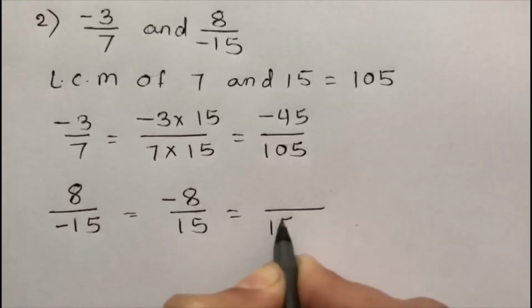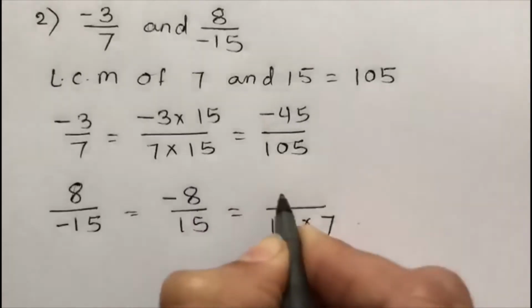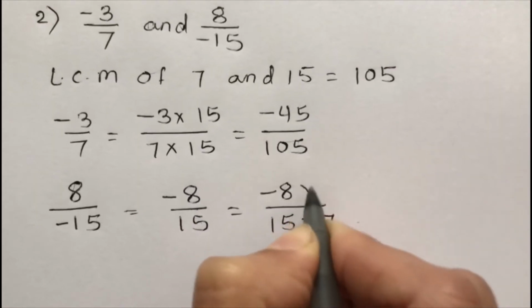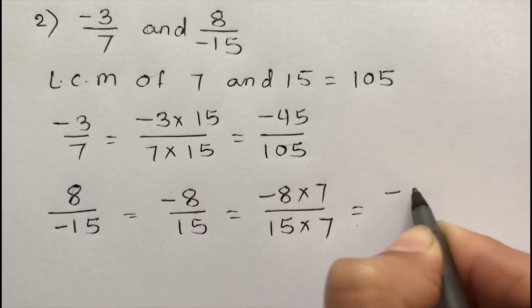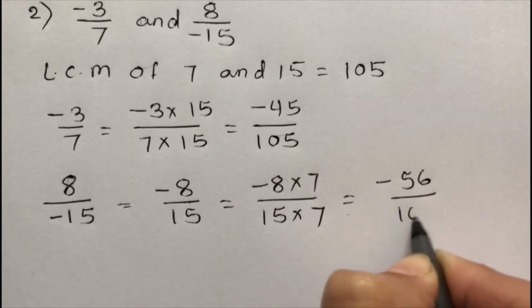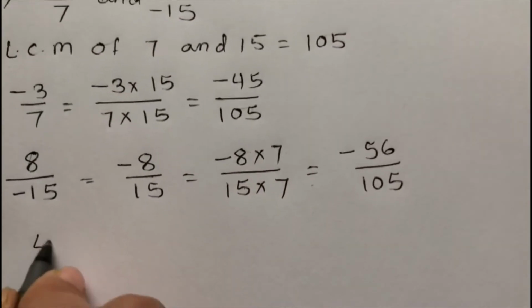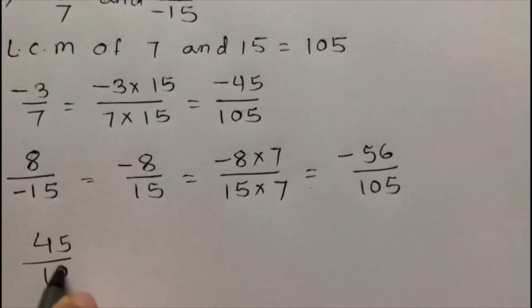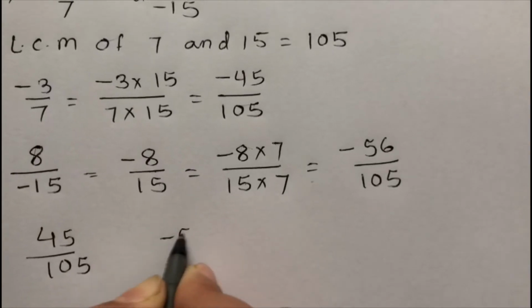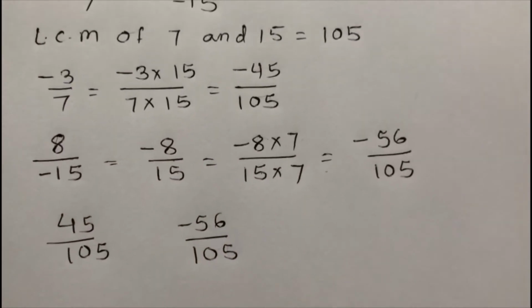So I write here, I'll multiply this 15 by 7 and this minus 8 by 7. So minus 56 divided by 105 will come. So we have the same denominator as 105. Now it's easy to compare these two fractions.